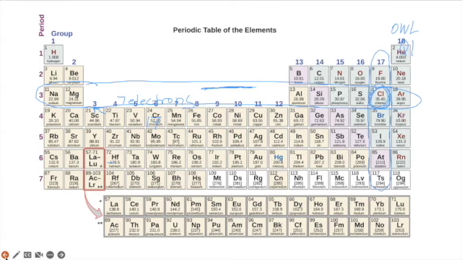Now it's asking us if the ion formed has the same electron configuration as what noble gas. Basically, whatever your element is, follow the periodic table to the noble gas of that period. So if your element happens to be sodium, your noble gas would also be argon.